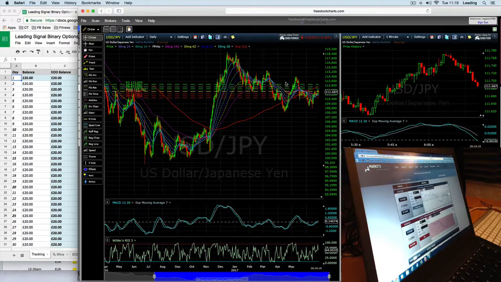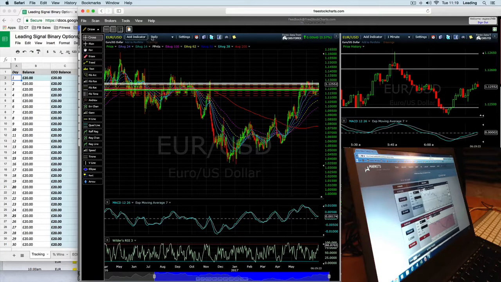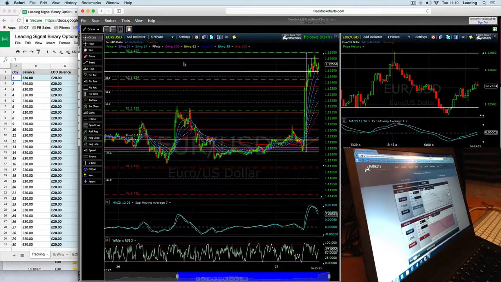So US dollar is below that. Oh, actually, I'm just going to go back to euro for a second. So that looks like it's getting a bit... No, I'll leave that.